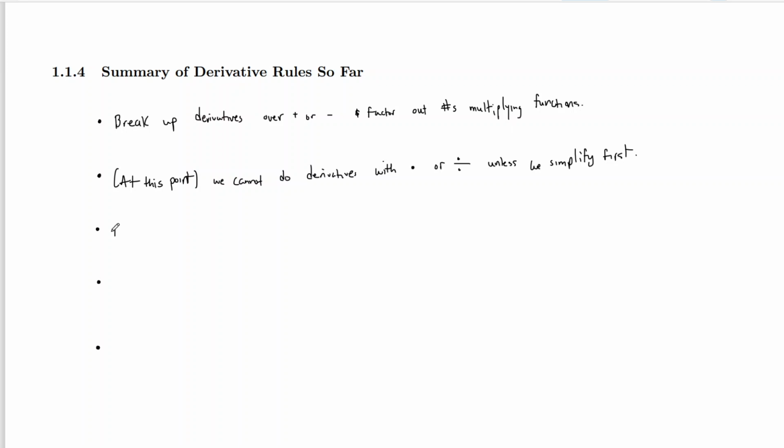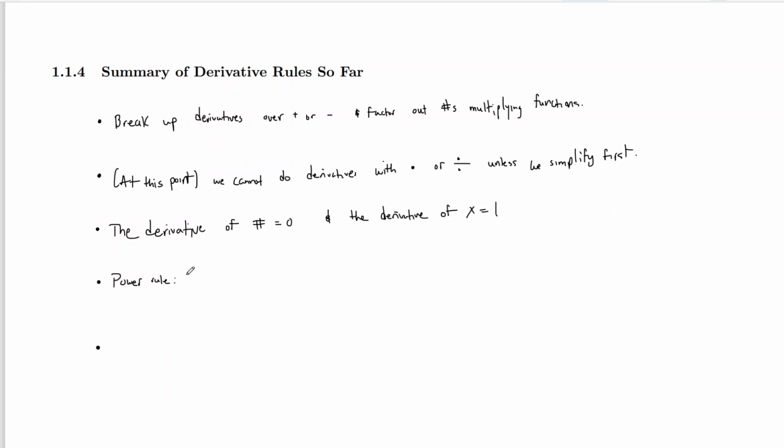What else do we know? We know the derivative of two very special functions. It's very useful. The derivative of a number is 0, and the derivative of x, if your variable is x, but whatever your variable is, it just equals 1. And we know the power rule.